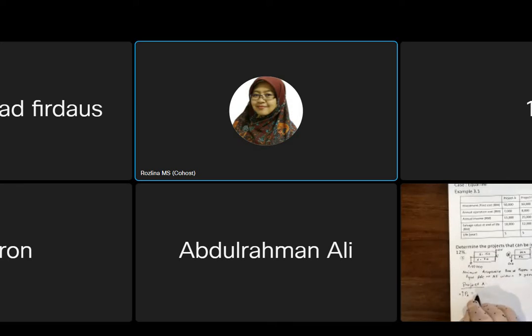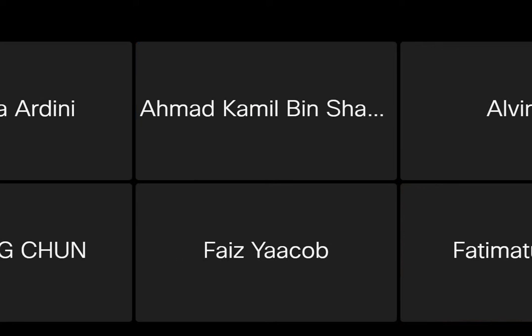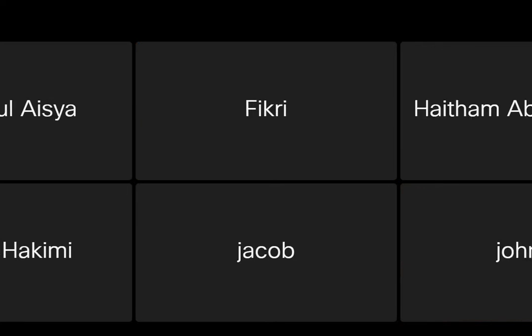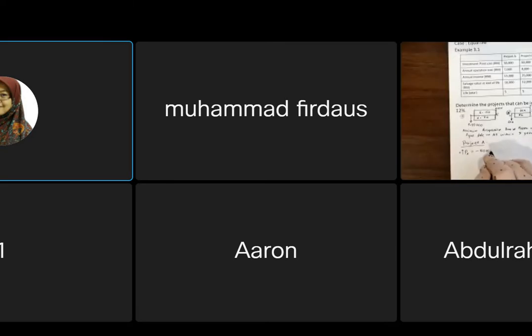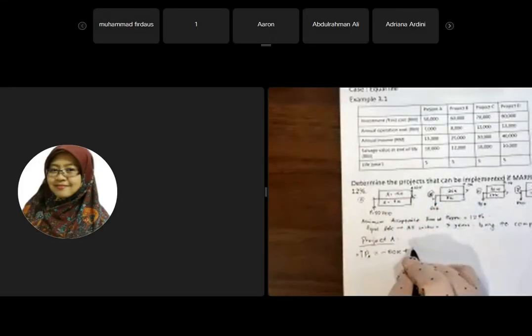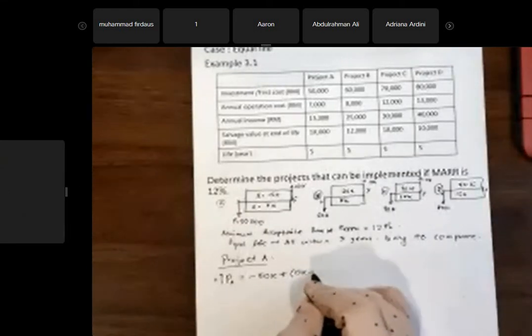Let's say P for project A. Who wants to start? Start with negative 50, because it is downward 50k, so negative 50k. Take all the negatives first. You can make it simple because you can subtract the income and the cost: 15k minus 7k.